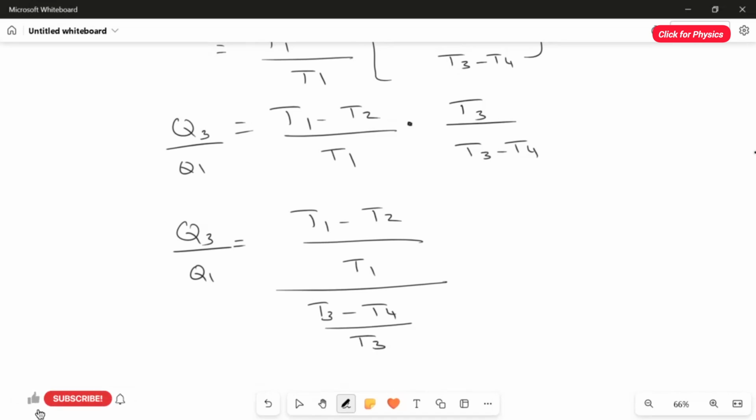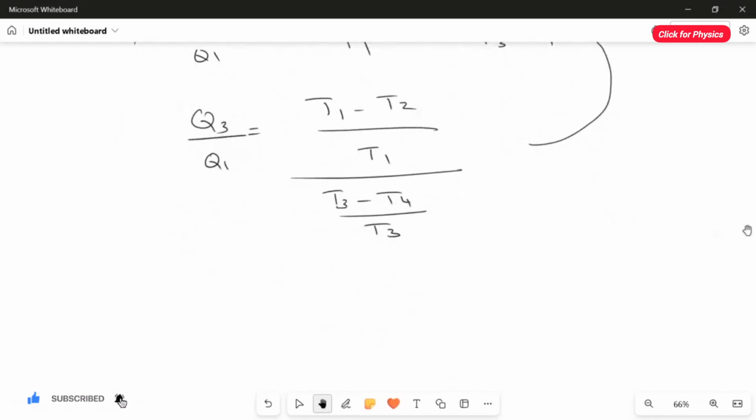If you rearrange this equation, you will get this form. I simply write this equation in this form because we will get the answer easily. It just makes our problem easy. When you rearrange these terms in multiplication form, this T3 will come to the top, and this T3 minus T4 will come to the bottom. So it will again retake the same original form, right?